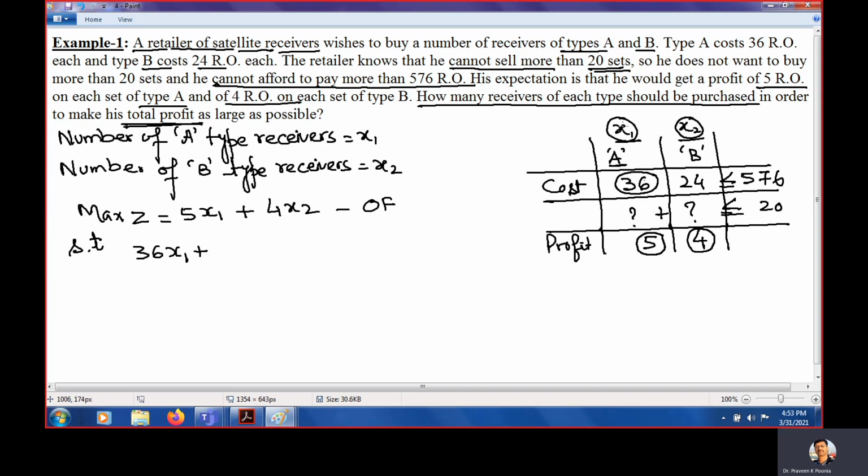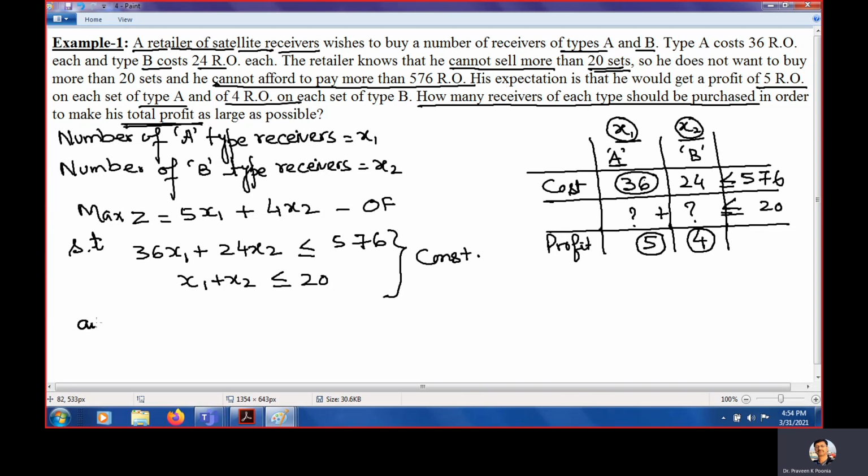So total cost will be 36x1 plus the total cost of B type of receivers, and this cost cannot cross 576. And similarly both type of receivers can be at most 20. So dear friends, these two are the constraints.